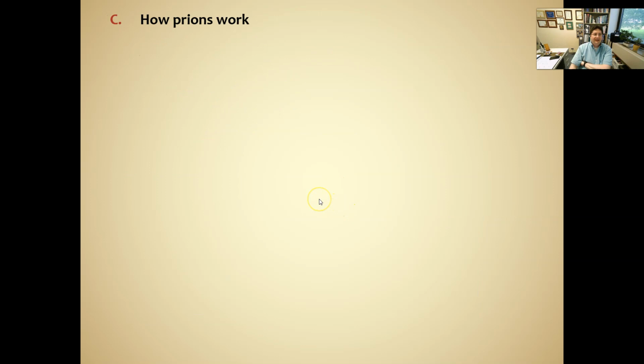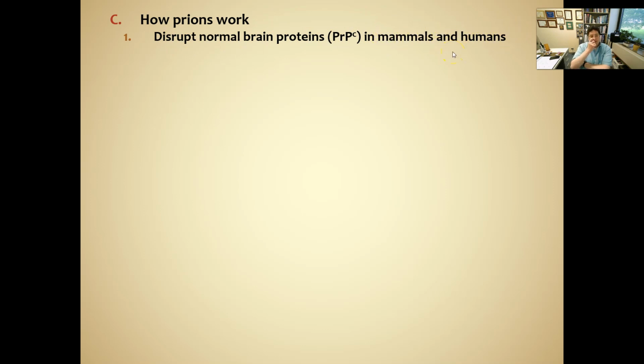Now, how do prions work? Prions work by disrupting normal brain proteins. That's an important word, disrupting normal brain protein. So if we label a normal brain protein PrPC, they disrupt that normal brain protein in mammals and humans. So viroids are only known to infect plants. Prions infect mammals and humans.